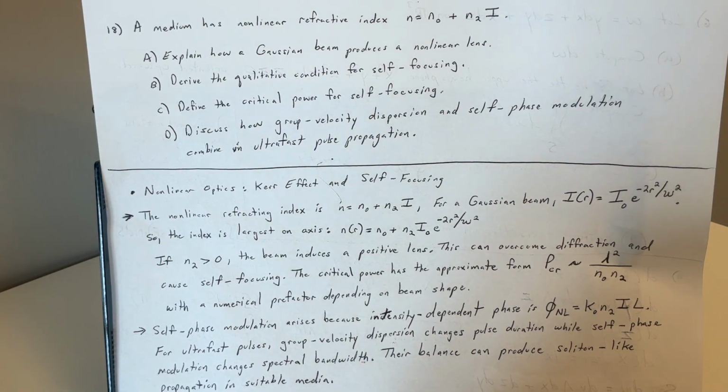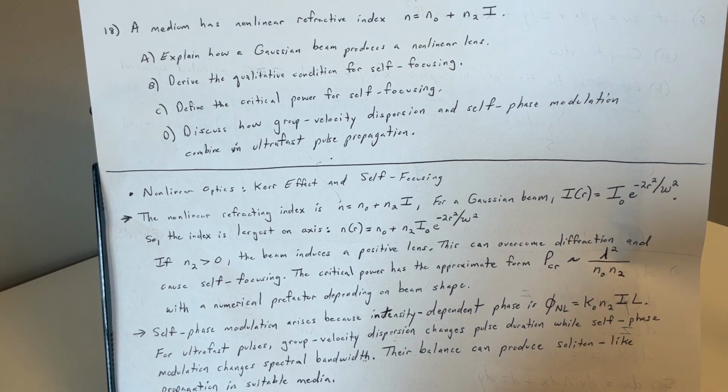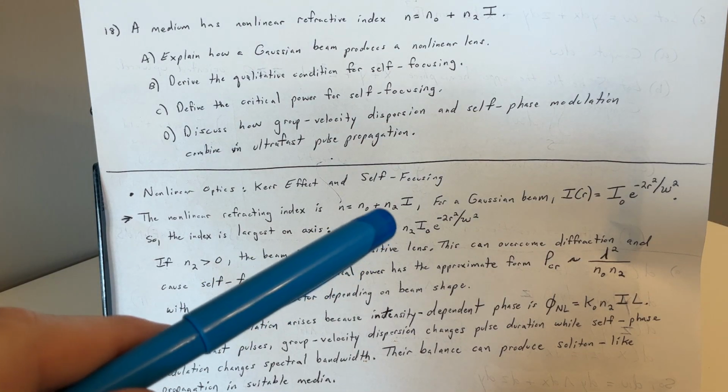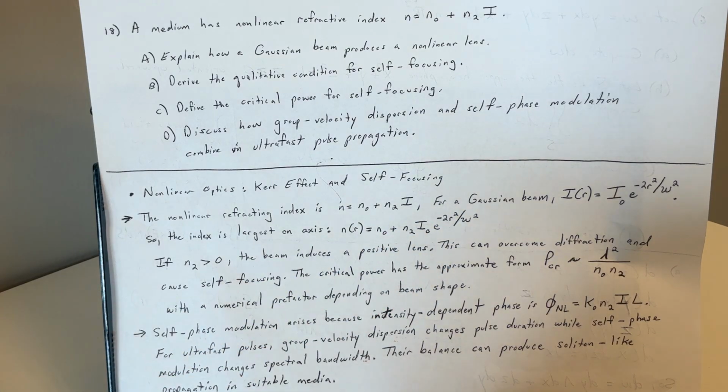The nonlinear refractive index is n equals n naught plus n sub 2 I. For a Gaussian beam, we have I of r equals I naught e to the negative 2 r squared over w squared. So the index is largest on the axis: n of r equals n naught plus n sub 2 I naught e to the negative 2 r squared over w squared, where w is the beam radius.